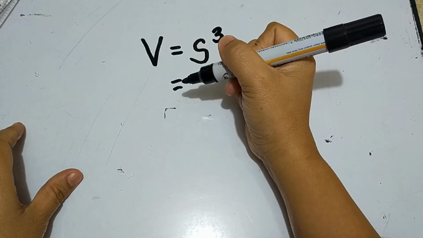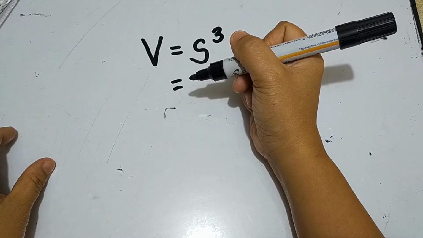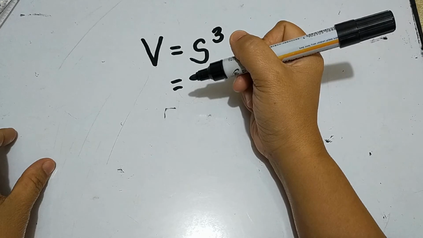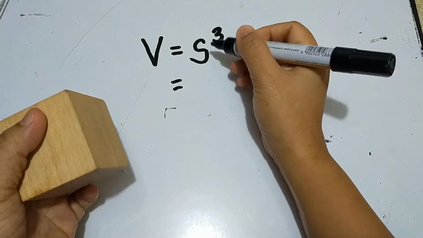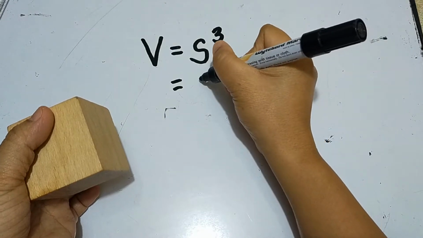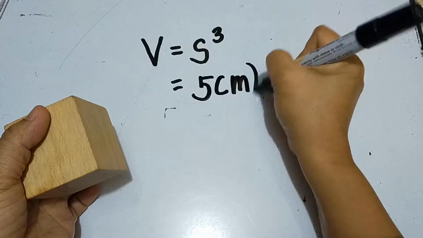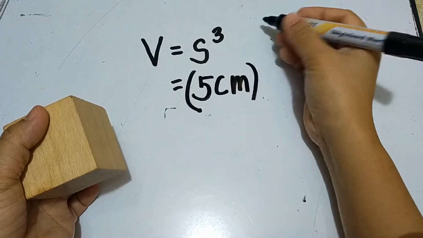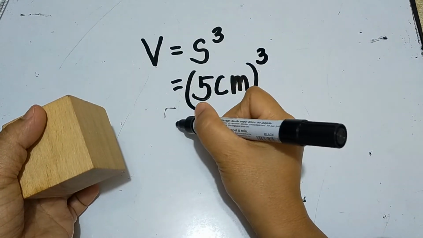Okay, so kanina nung sinukat natin, 5 centimeters yung measurement ng isang edge or side ng cube na ito. So, all we have to do is just to substitute the value of the side in our formula and then raise to 3.